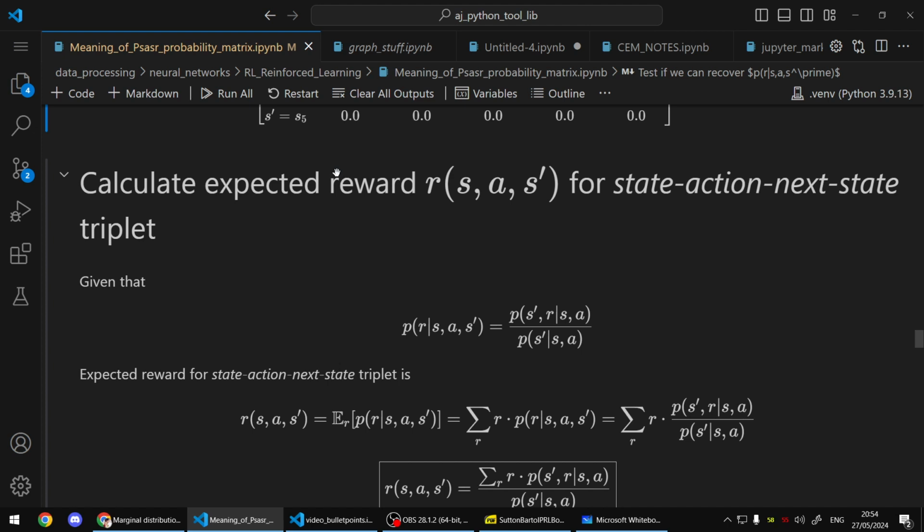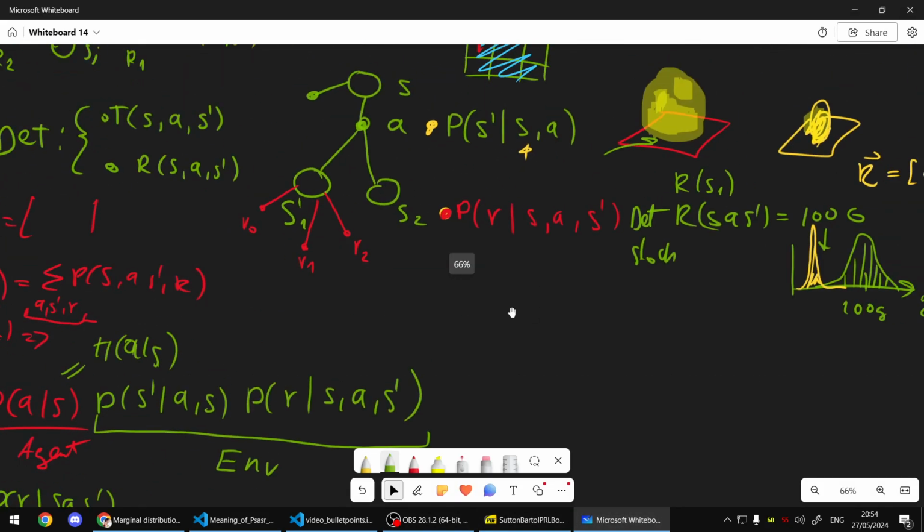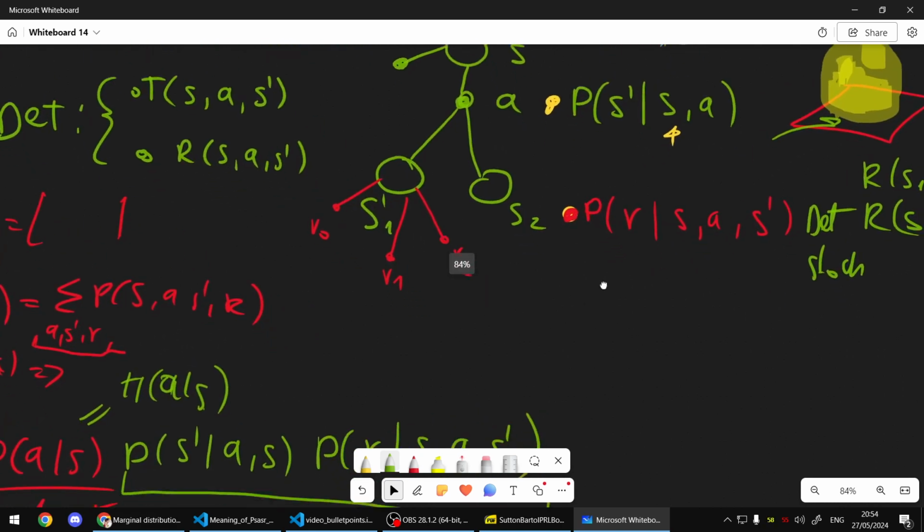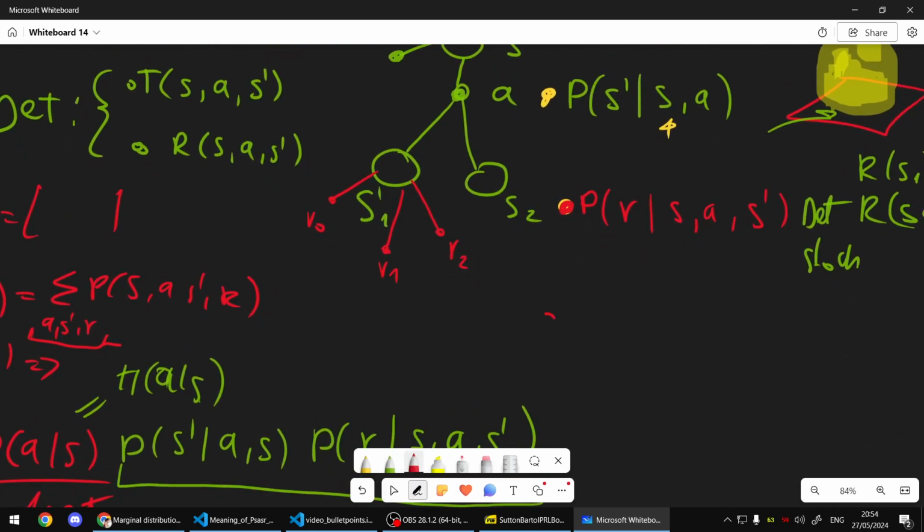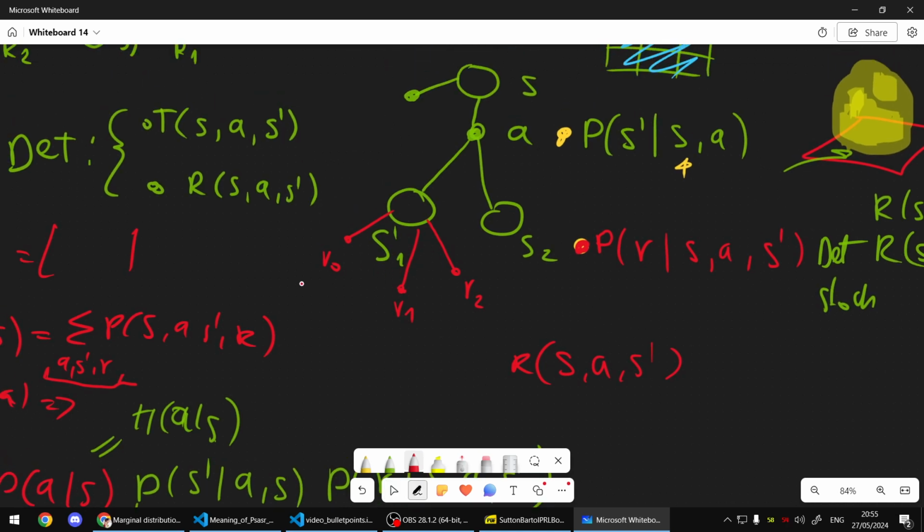So we can calculate the expected reward for this triplet. Now, what does it mean? We had a triplet S, A, S prime, and we want to calculate what the expected reward is if we reach this state. We use expected reward because we actually have a distribution of possible rewards.